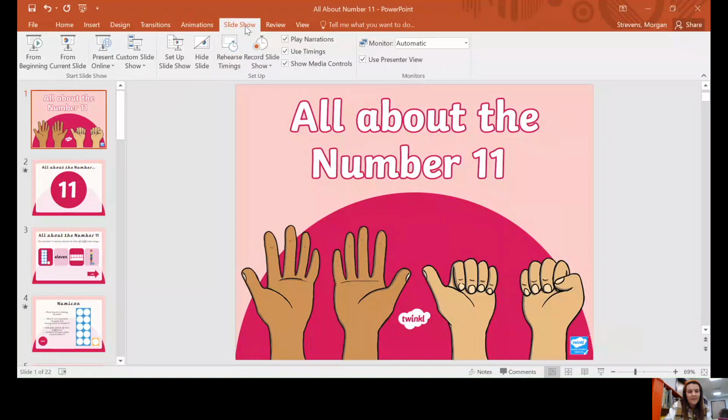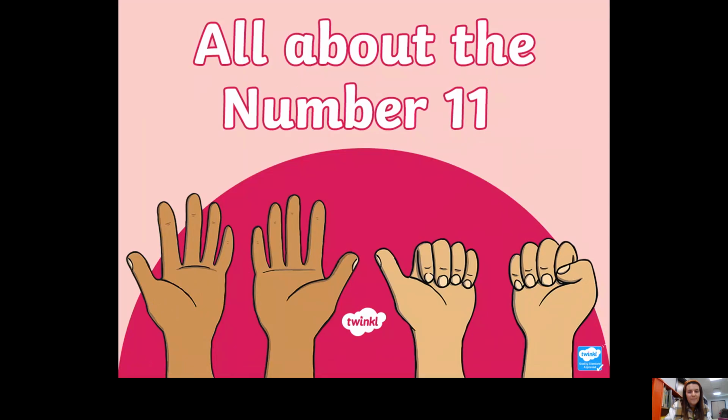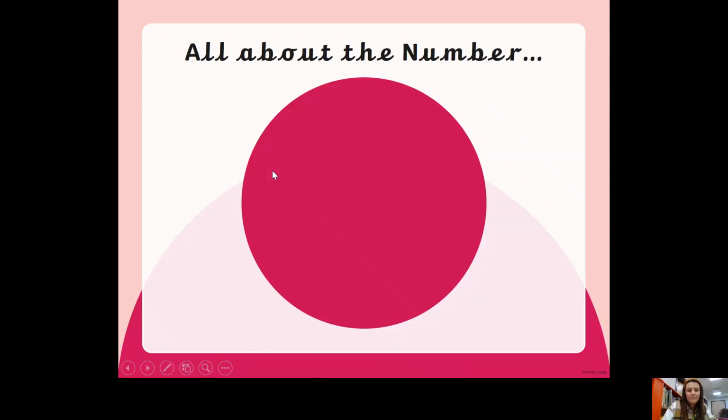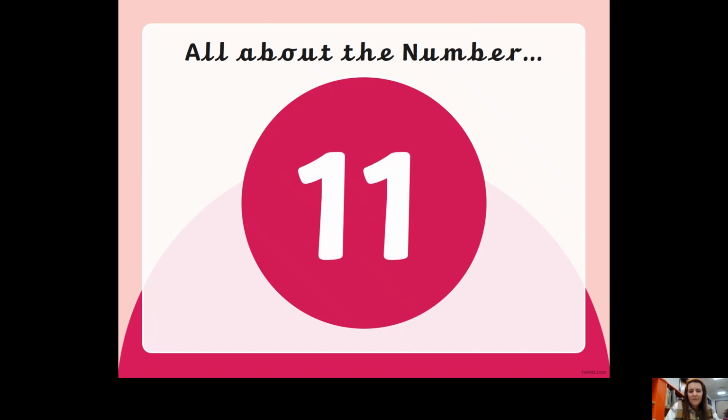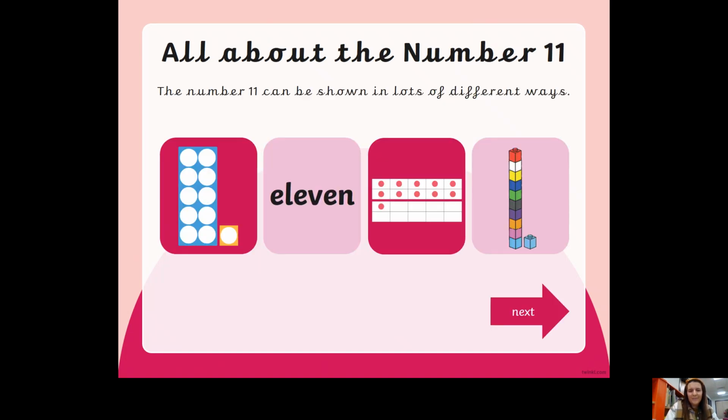Now, Miss Jevons has got a PowerPoint to share with you, so I'm going to share my screen so you can see our special number 11 PowerPoint. So we're learning all about number 11, all the ones.